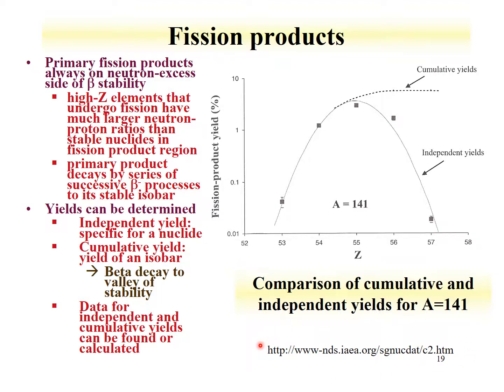You'll see that there's actually a relatively smaller amount of independent fission yields available. The independent fission yields are shown here, where you have the dots on the line, and the cumulative fission yield is just the integration. The cumulative fission yields are the data points that are available to us in the chart of the nuclides.